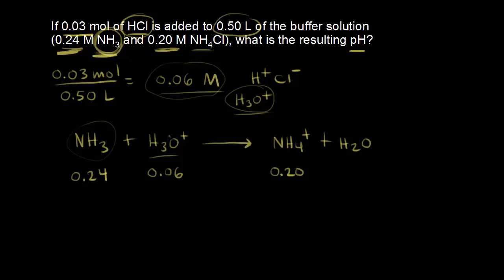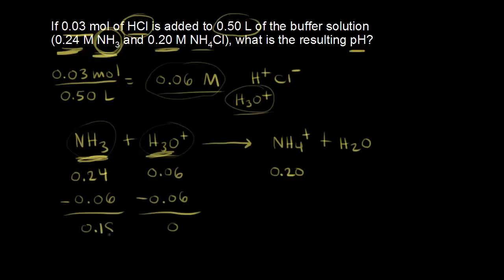So all of the hydronium ion is going to react. So we're going to lose all of it, right? So we're left with nothing after it all reacts. So it's the same thing for ammonia, right? We're going to lose the exact same concentration of ammonia here. So we're going to lose 0.06 molar of ammonia because this is reacting with H3O+. And so after neutralization, we're left with 0.18 molar for the concentration of ammonia.